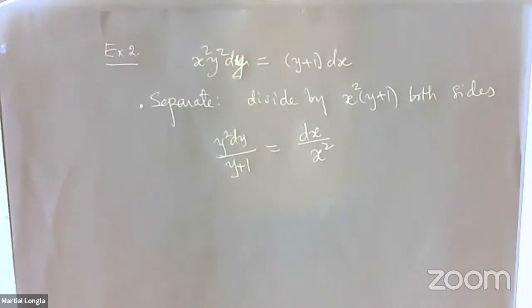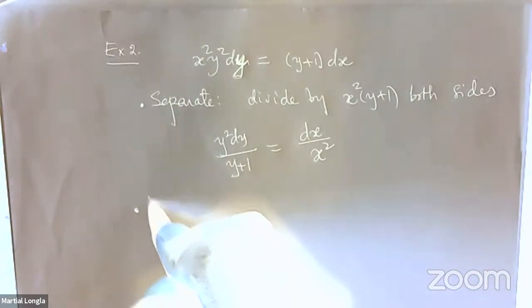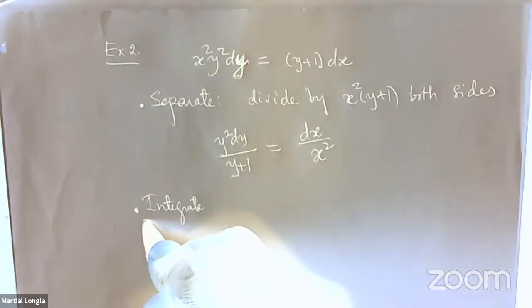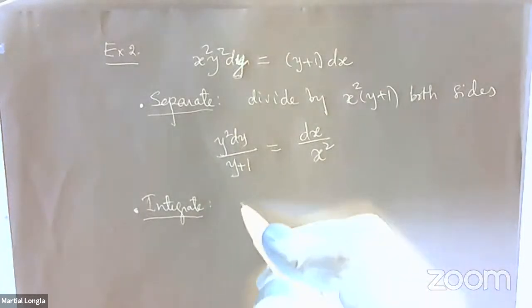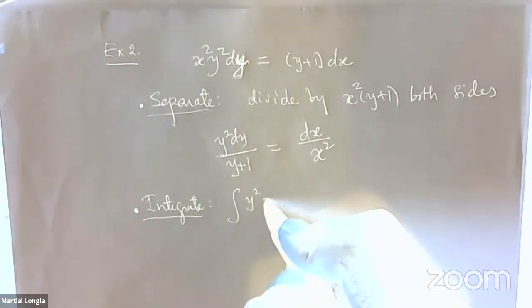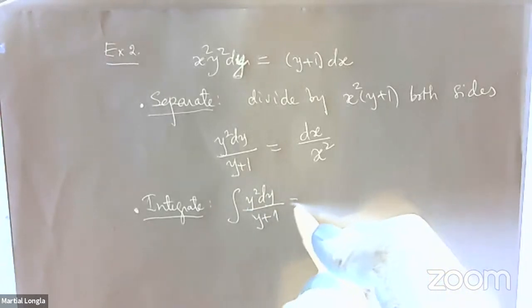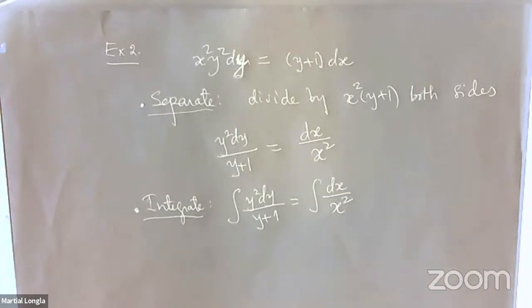All right, so we have separated the variables, and now we're going to do the next step, which is integrate. So we integrate both sides. You get the integral of y squared dy over y plus 1 equals the integral of dx over x squared.